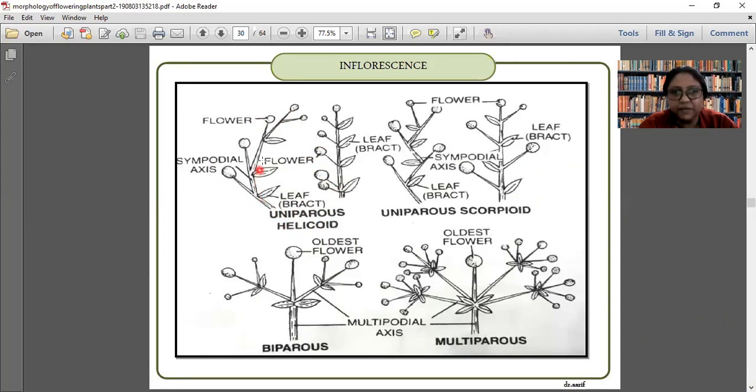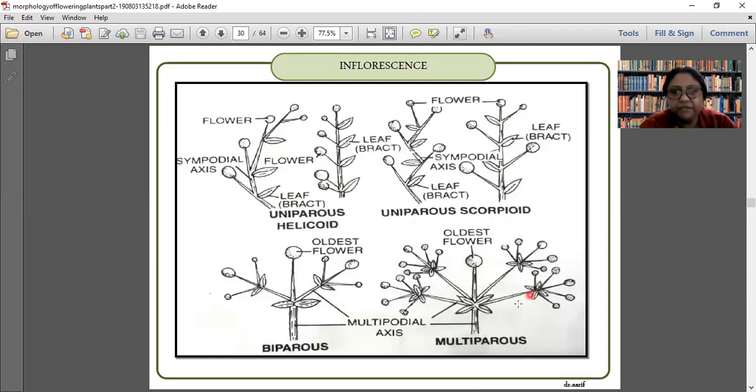Because as branching is occurring only in one direction, that's why the stem will bend in a cyclic manner. And this is called scorpioid because it is having this kind of structure where from one old branch there is another one, from one old there will be another.